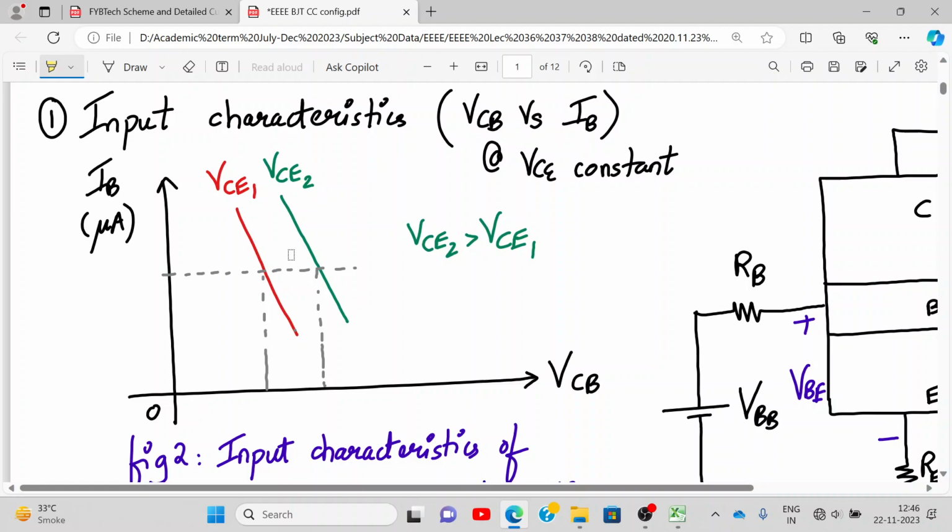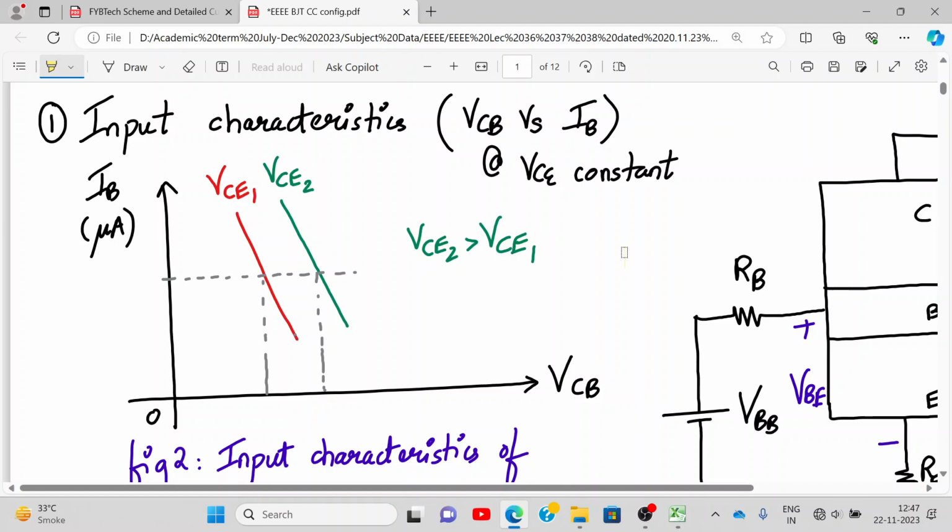Input characteristics of the common collector configuration. Completed?